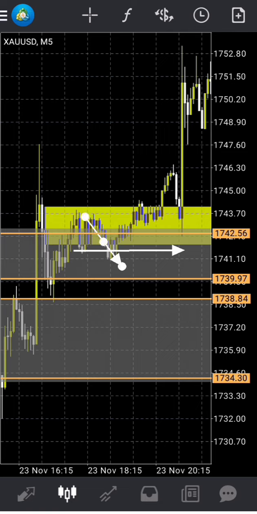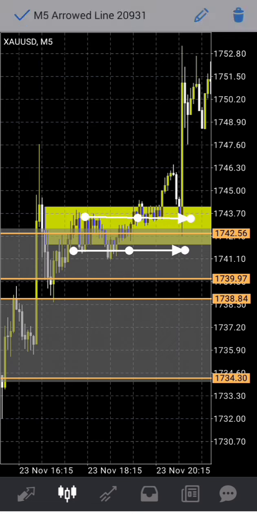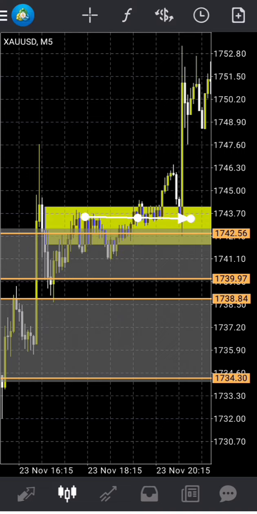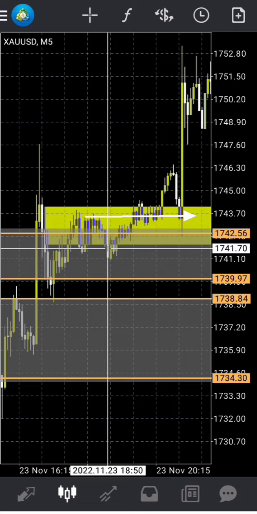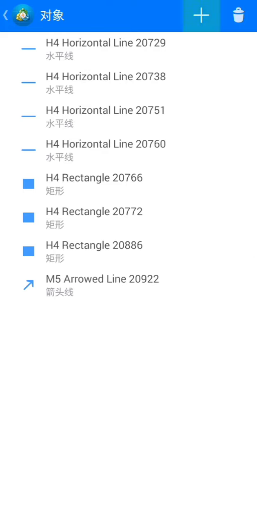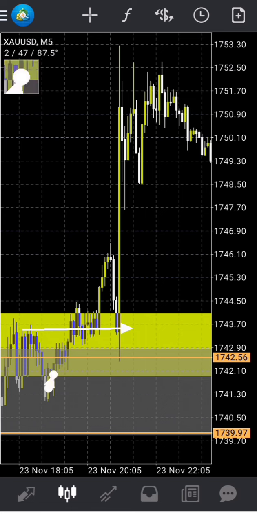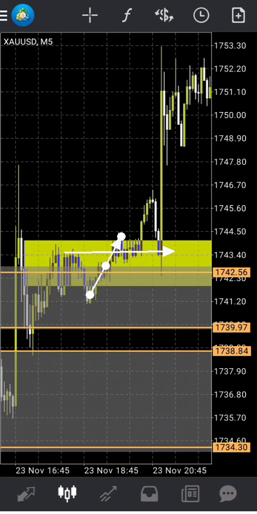So, in order for the buyer to go strong, the buyer has to break the arrow line here. Okay, I delete this one. Have to break the arrow line here. So when the price successfully breaks up higher, meaning the buyer is stronger than the seller because the buyer already broke the last seller power.